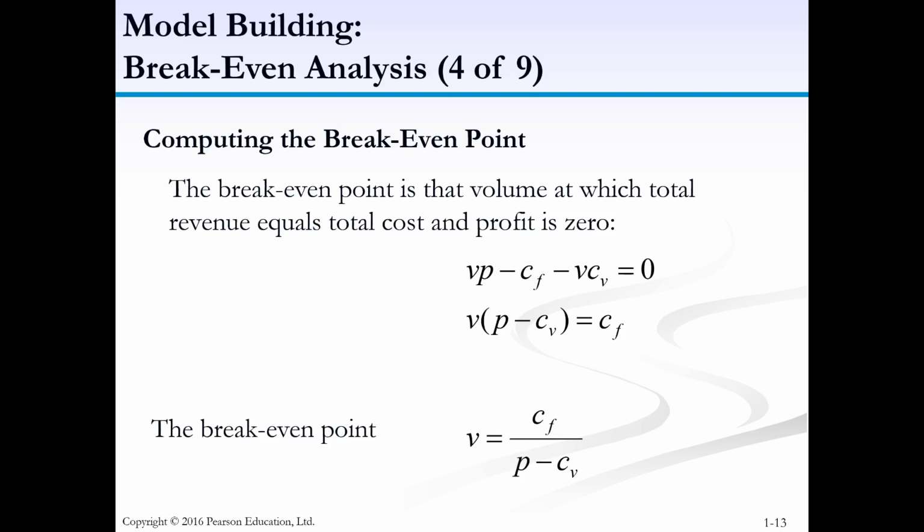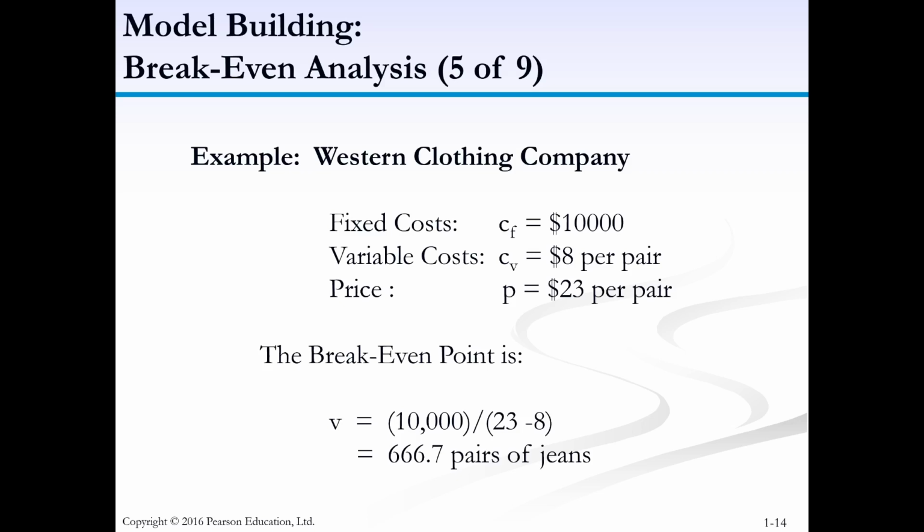Again, the number of units to produce is equal to fixed cost divided by the selling price per unit minus the variable cost per unit. Let's see an example. A company is a Western clothing company, which is making pairs of jeans. Its fixed cost is $10,000.